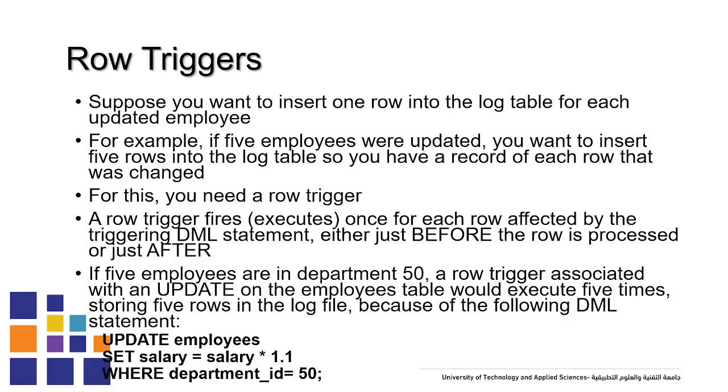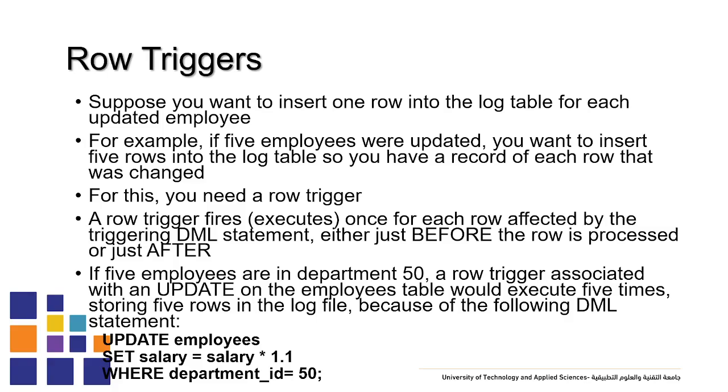So this row trigger will fire or execute once for each row affected by the triggering DML statement, either just before the row is processed or just after. If 5 employees are in department 50, a row trigger associated with the update on the employees table would execute 5 times, storing 5 rows in the log because of the following DML statement here at the bottom.